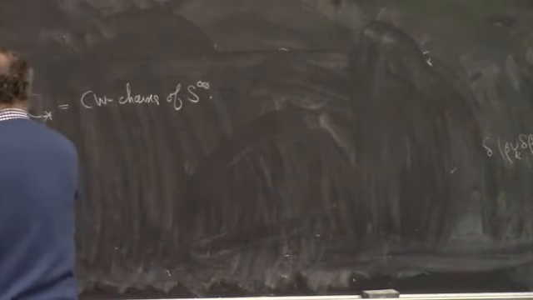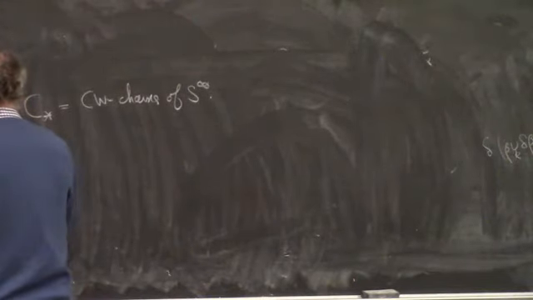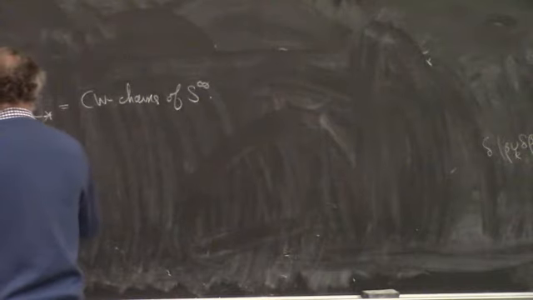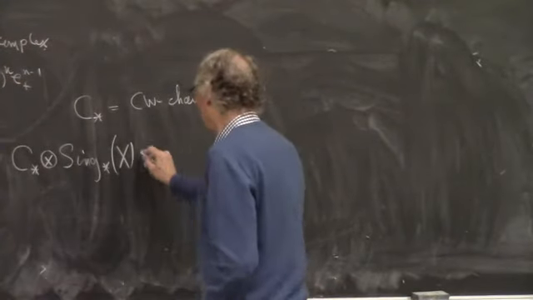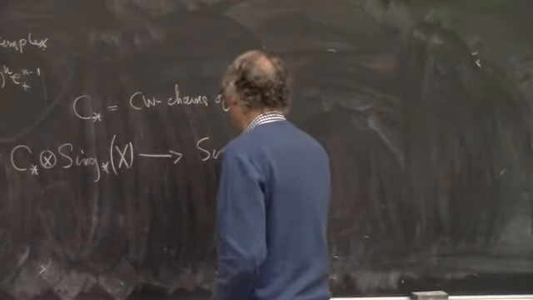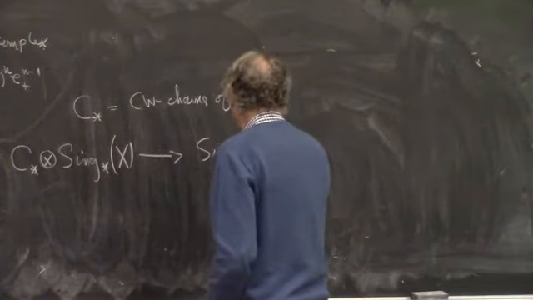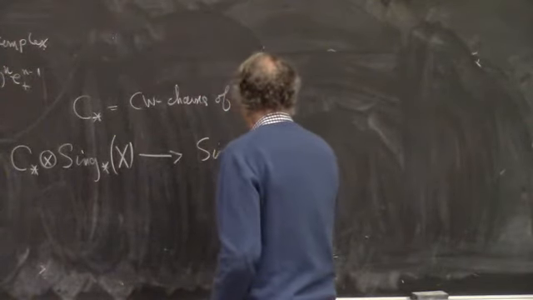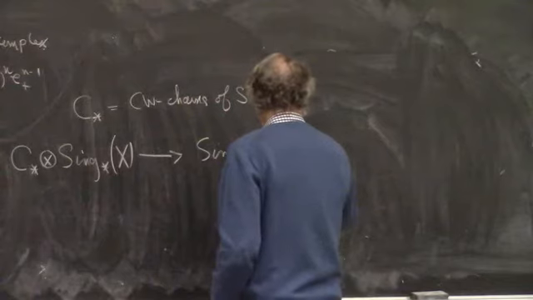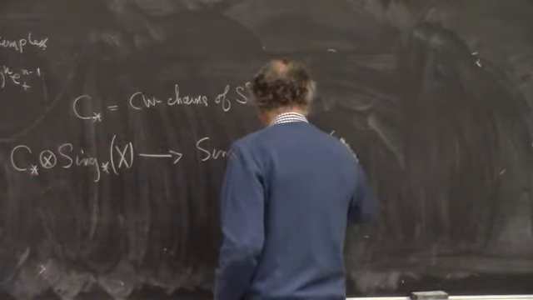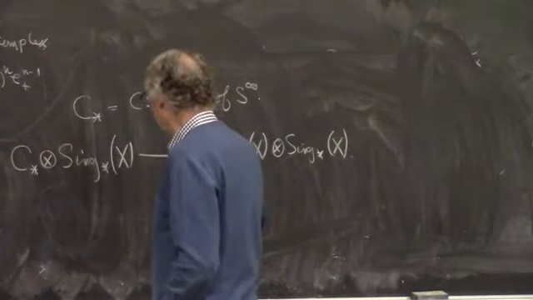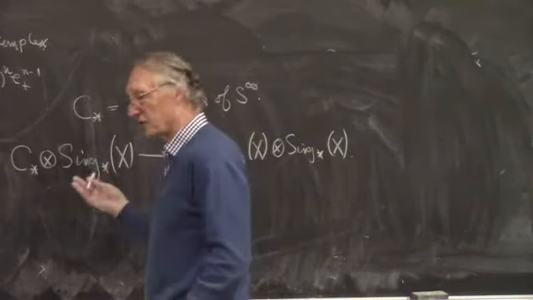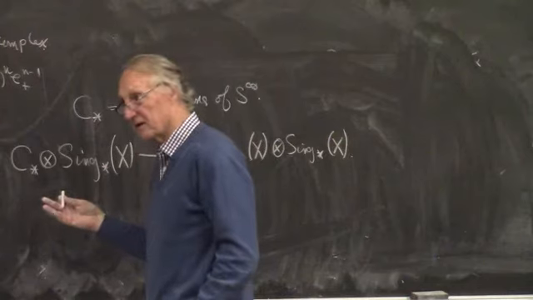Okay, so now I'm going to use these H_k's to define a chain map from C_* tensor the singular complex of X, into the singular complex of X tensor the singular complex of X. Here, both domain and range of this map are modules over Z[Z2].